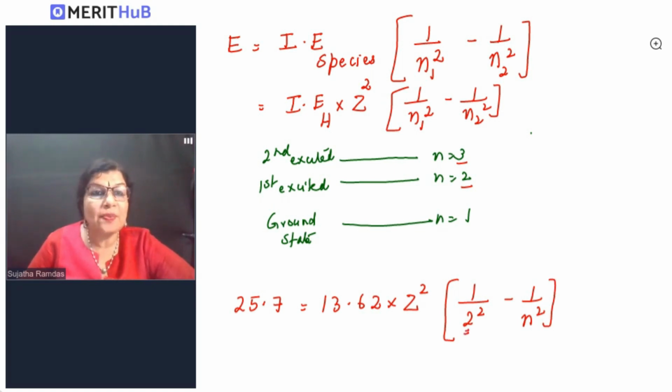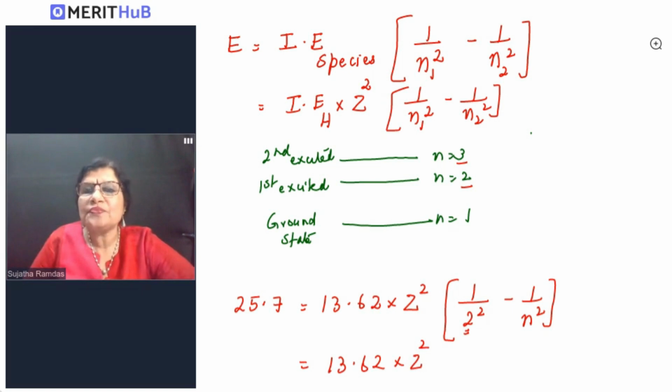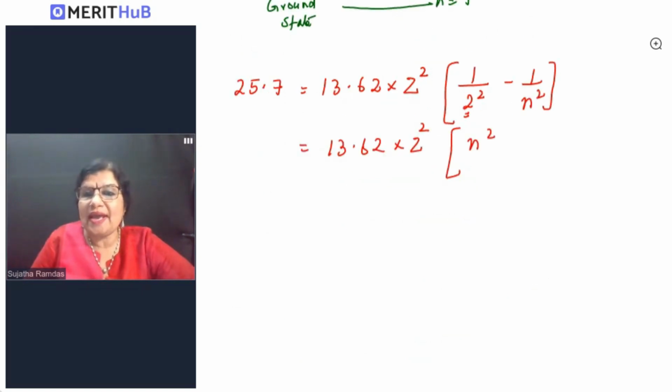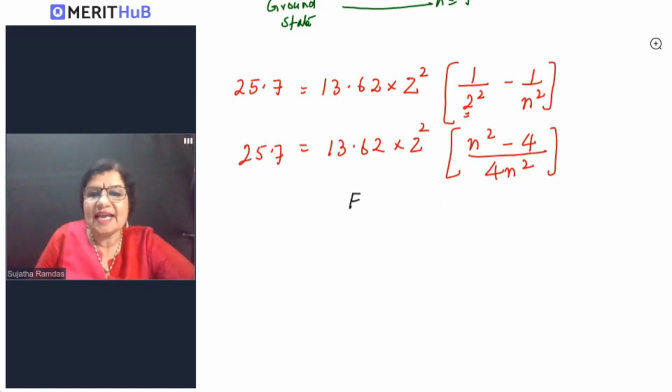N is equal to 2 being the first excited state. So that is equal to 13.62 into Z square into n square minus 4 divided by 4n square, that is 25.7. So let's call this equation number 1.